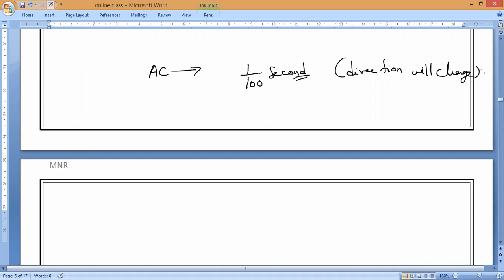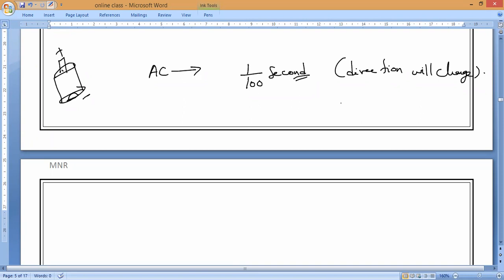The current obtained from a battery or a cell is called direct current. Like in your experiments, we are using a fixed battery current, a dry cell with positive and negative terminals. That is what we call direct current, coming from cells or batteries.